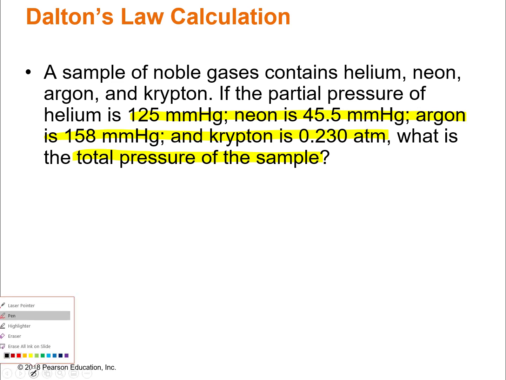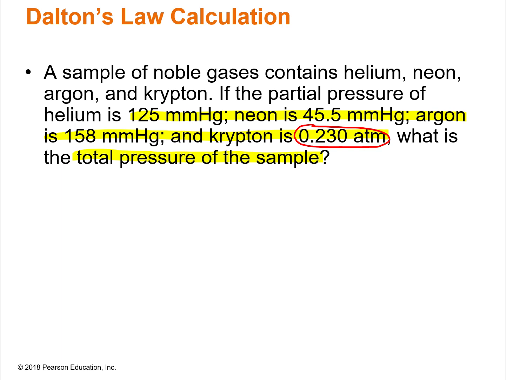Now I've thrown in one little wrench. Everything is in millimeters of mercury, except for the partial pressure of krypton. That's in atmospheres. Now in this question, I didn't specify what unit you should report your answer in.